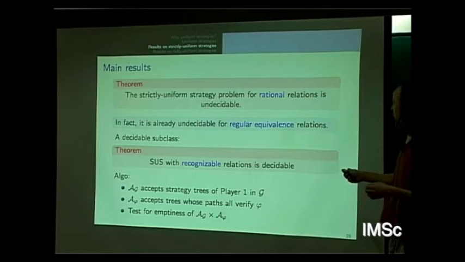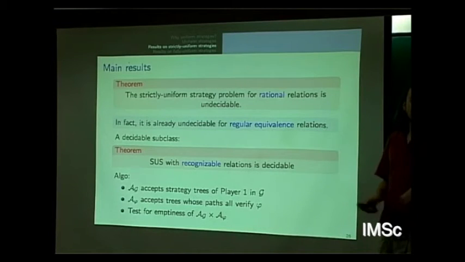Even with regular equivalence relations, consider the game where you have 3 players, 2 players with imperfect information play against nature, and you want to decide the existence of a distributed strategy of imperfect information for these players, for example, with a safety objective.